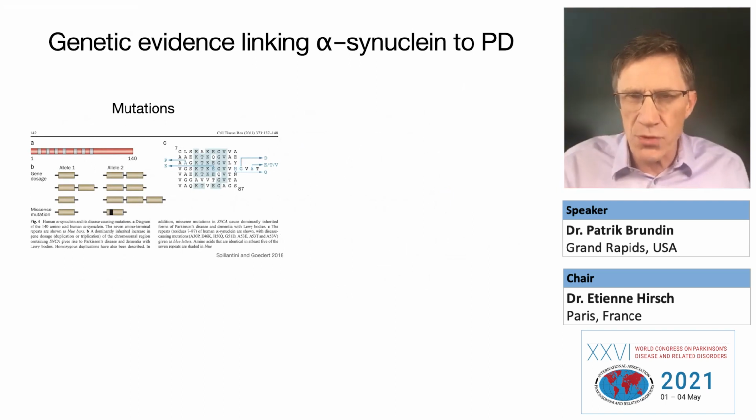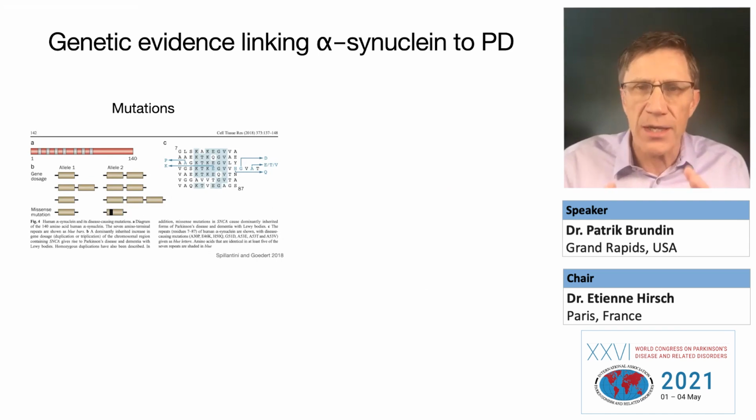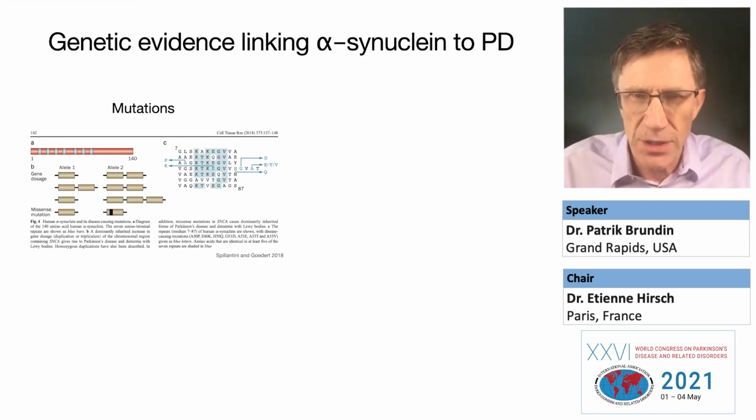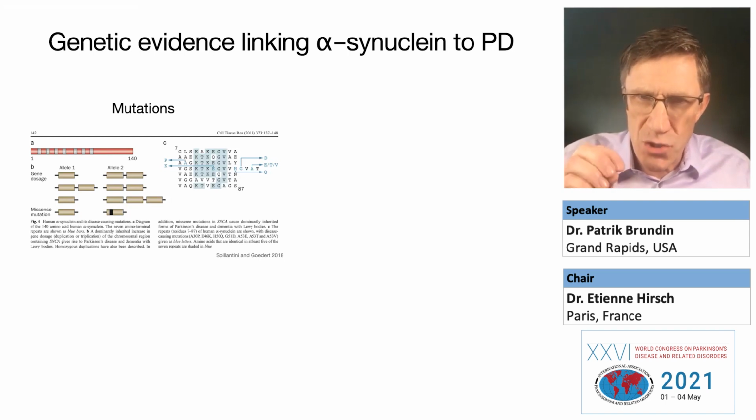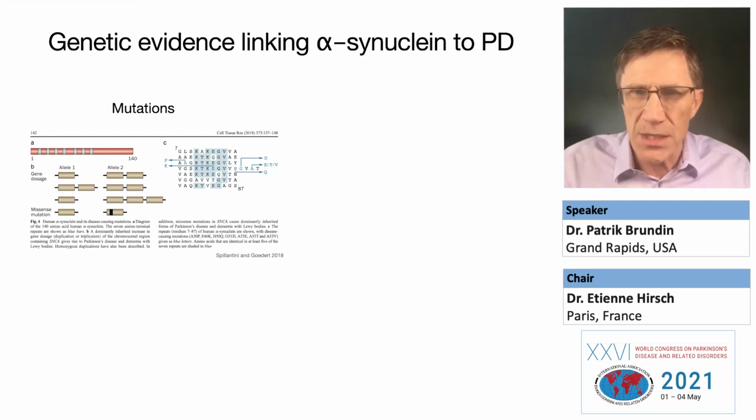So this is important because these are experiments of nature, very rare, few families across the world, as you all know, but they tell us that in a dominant form of disease, these changes in alpha-synuclein actually cause neurodegeneration.